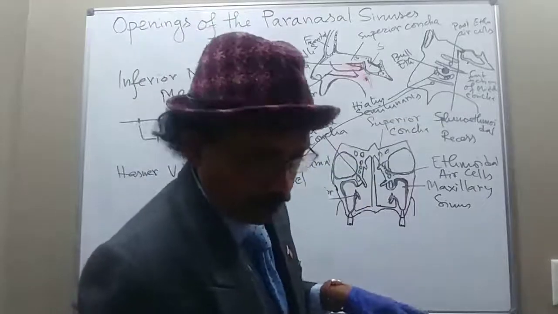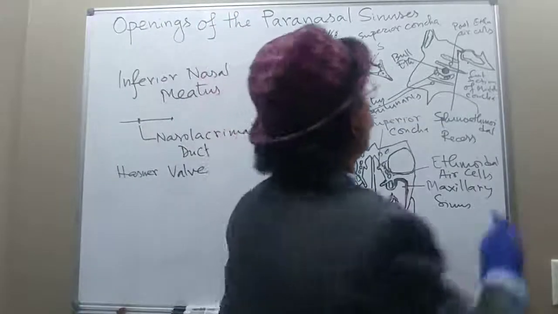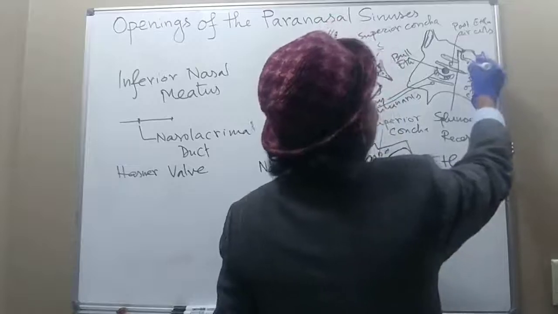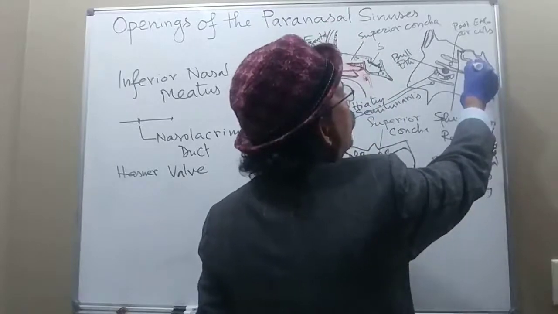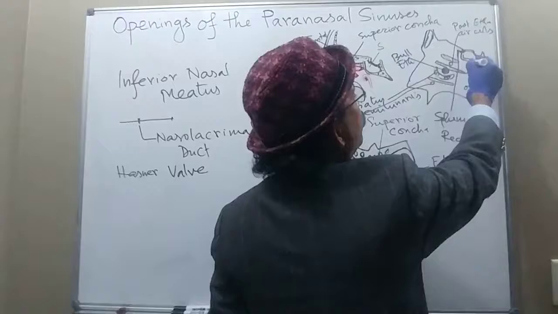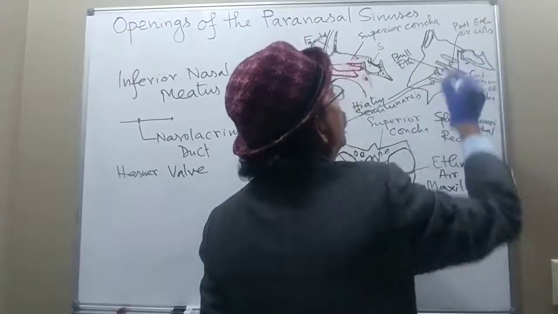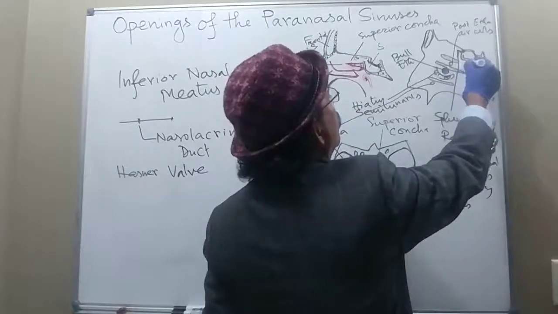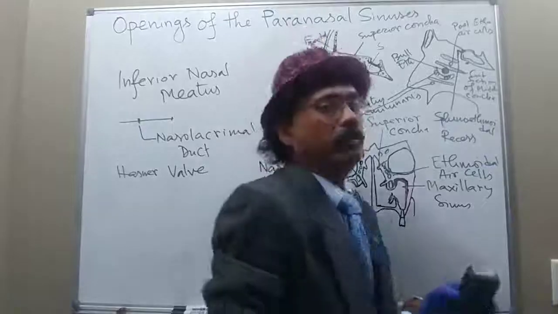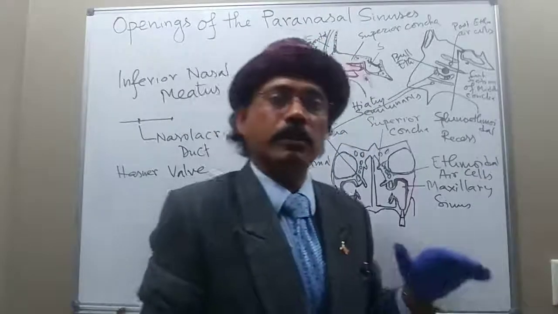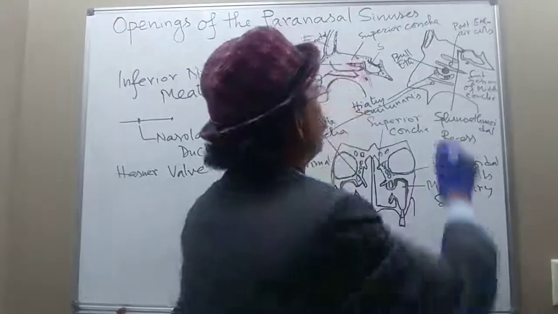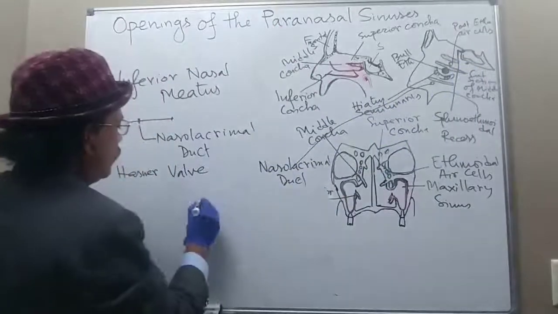One more thing before conclusion: we have one opening here, at the junction between the perpendicular plate of the palatine bone and the sphenoid bone. It is called the sphenopalatine foramen. Okay, so it is a communication to the pterygopalatine fossa.